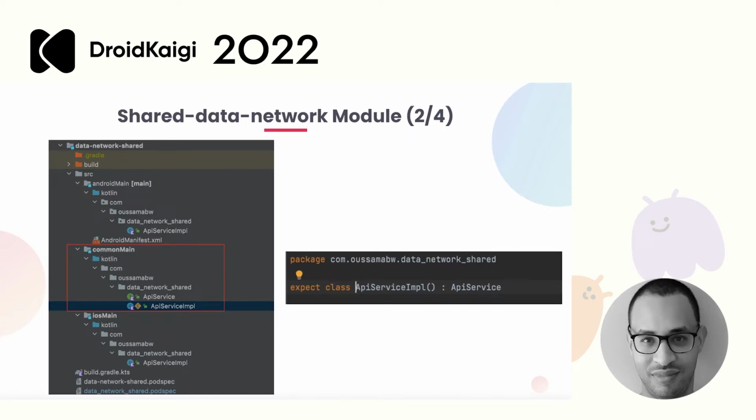At first, we can start with the common main, where we declare the expected class that each platform should return its specific implementation.